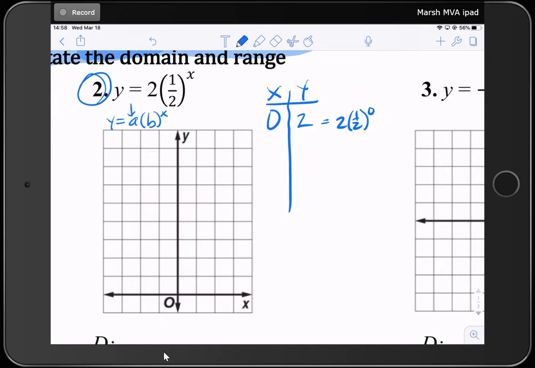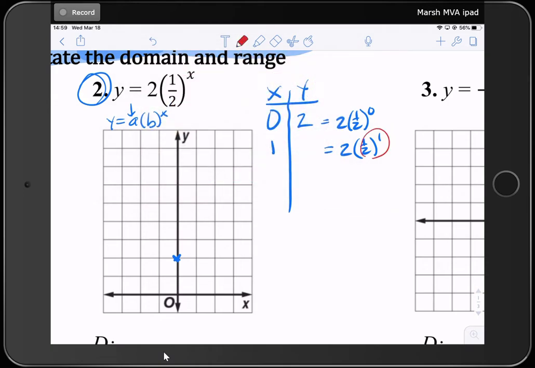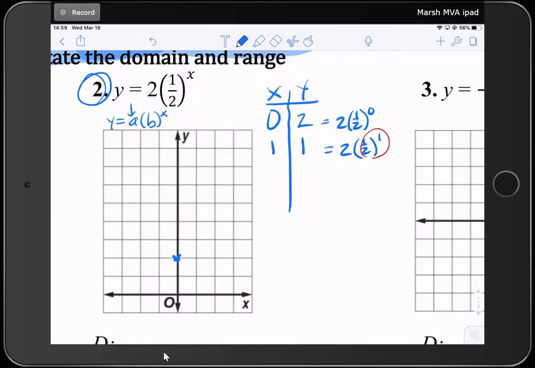So 0, 2, that would be this point right here on the graph. Now let me do an x value of 1. So what is 2 times 1/2 to the first? 1/2 to the 1 is going to be 1/2 times 2. That's going to give me 1. So 1, 1, that's going to be this point right here.